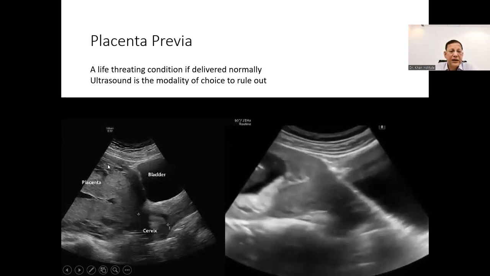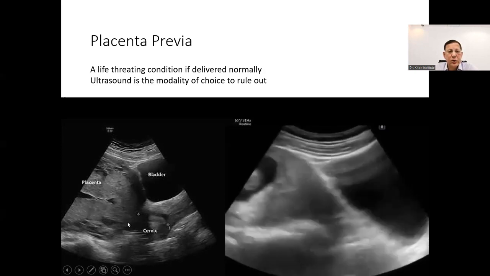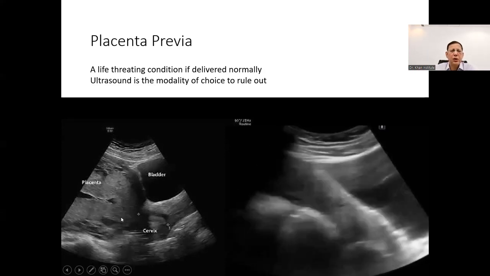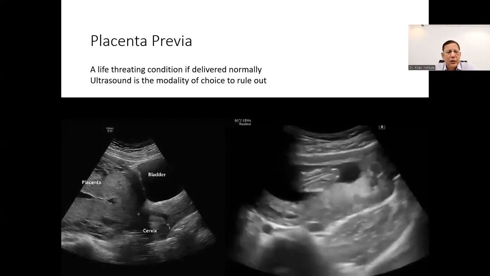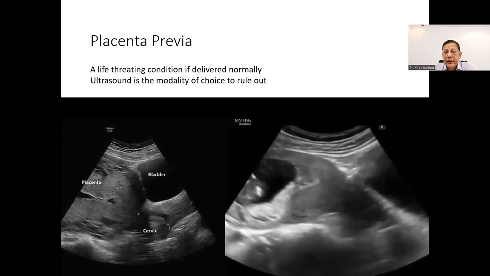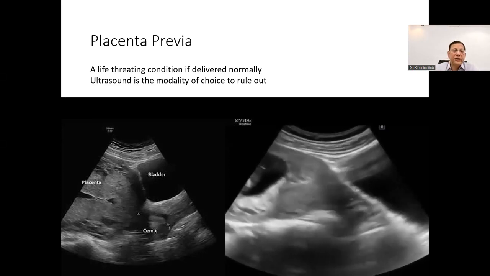Now, if the placenta reaches this internal os, or covers the whole internal os, this is called placenta previa.